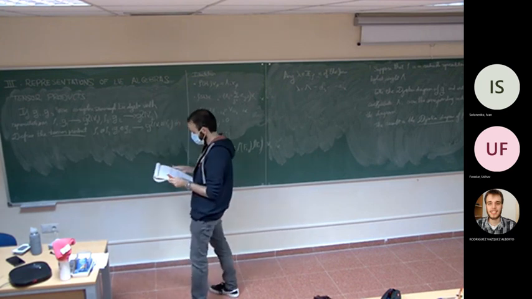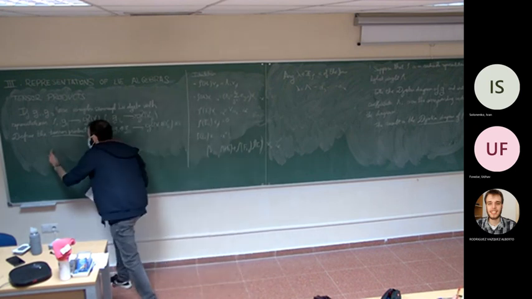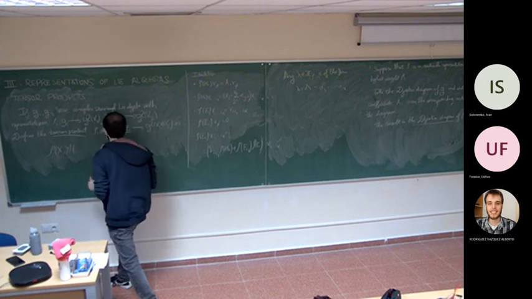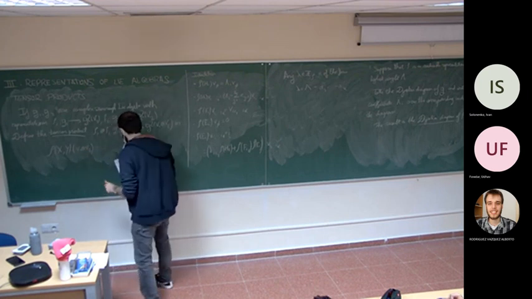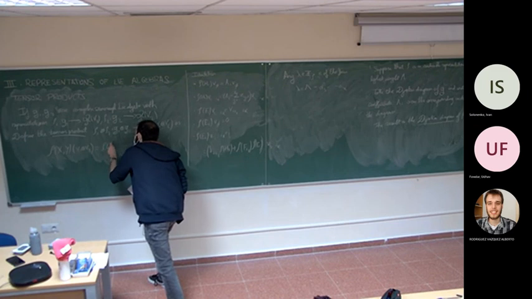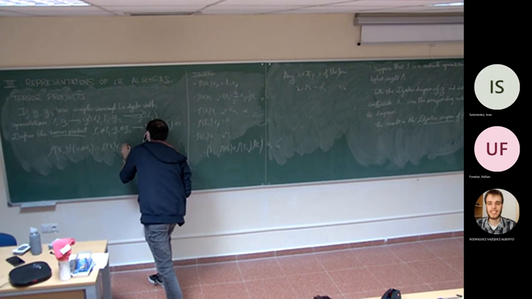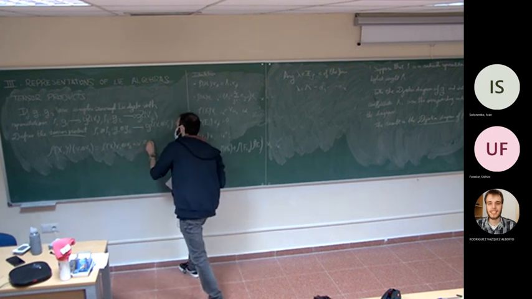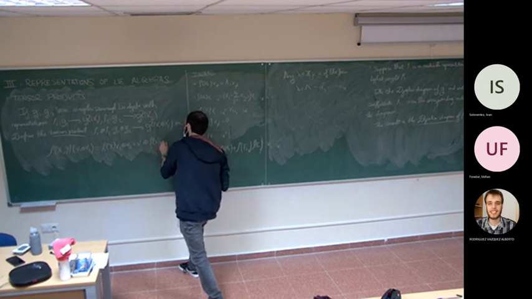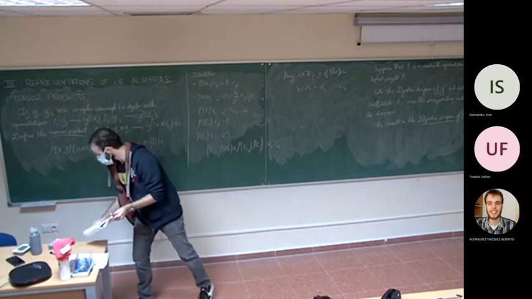And the definition for the tensor product representation is that rho of a pair (x,y) over a generator of the form v1 tensor v2 is equal to rho 1 of x over v1 tensor v2 plus v1 tensor rho 2 of y acting on v2. And you extend by linearity.